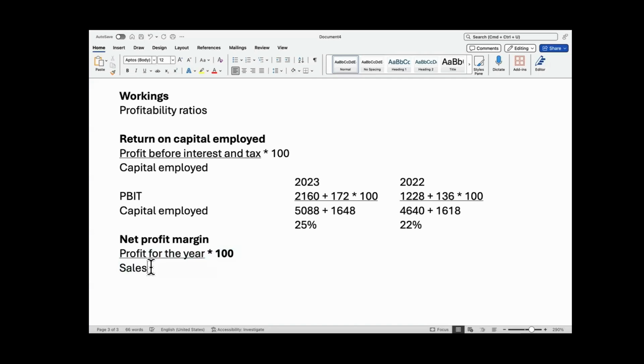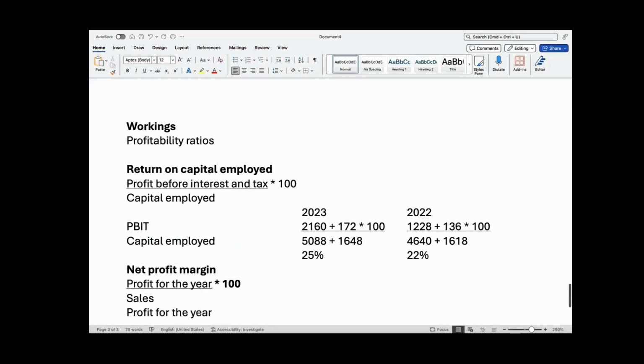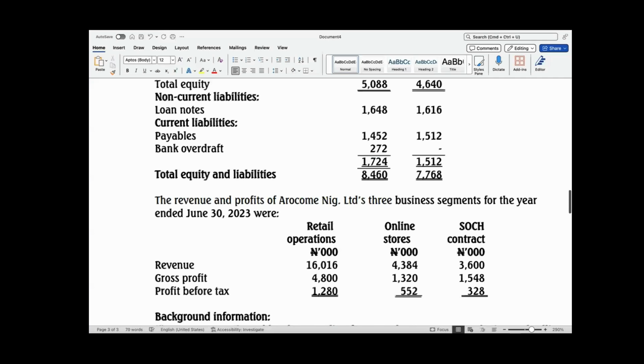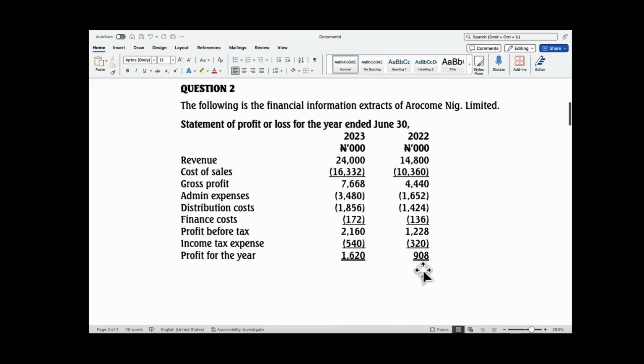So our profit for the year in 2023 is 1620, and in 2022 is 908.